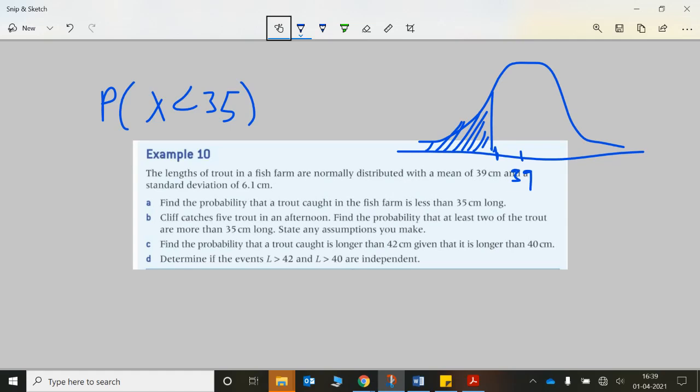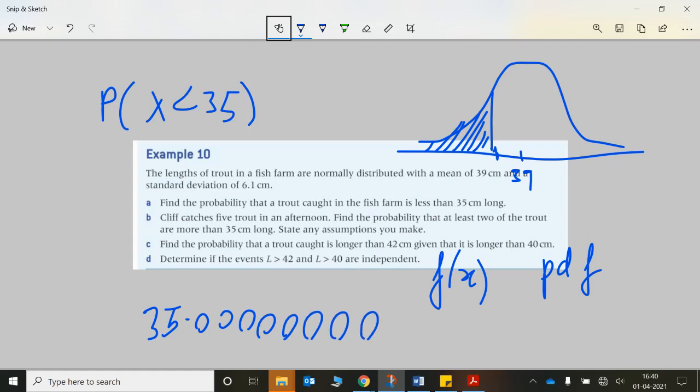Now, when it comes to actually having your axis and finding your PDF, in this case f of x, which was that horrible looking function I showed you a minute ago, that has no real meaning in terms of the probabilities, because the chance of you actually landing on 39 centimeters exactly, or 35 centimeters for example, is infinitely small.